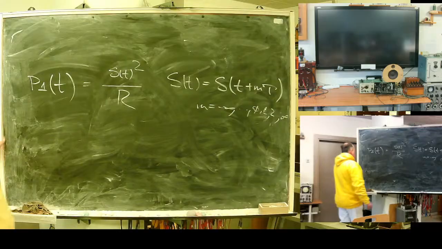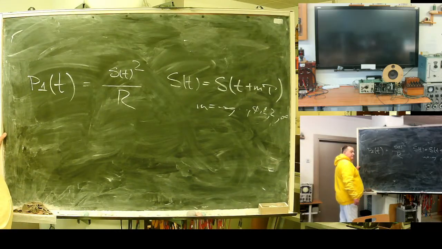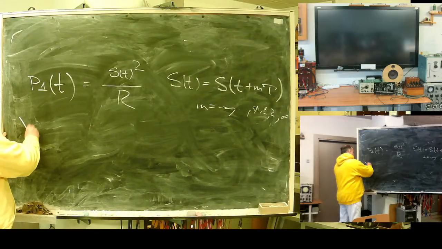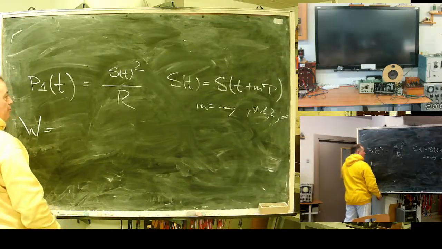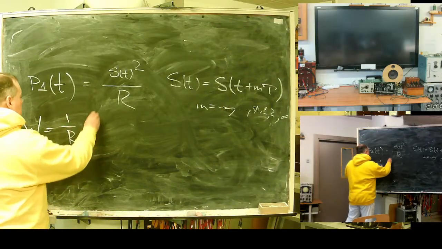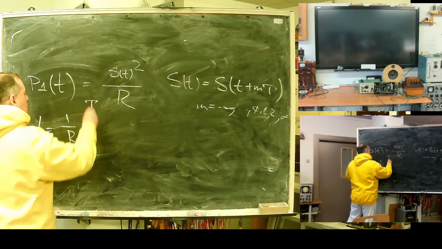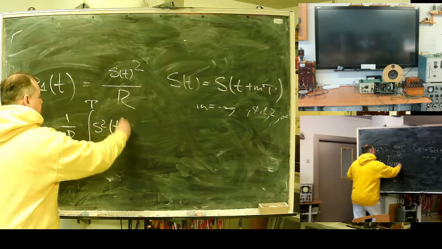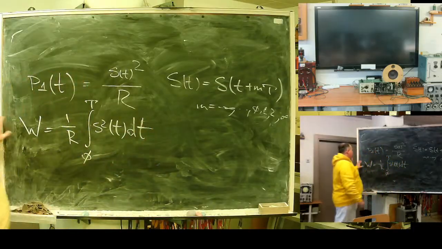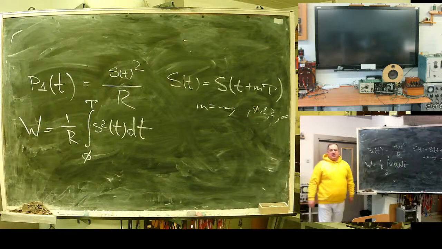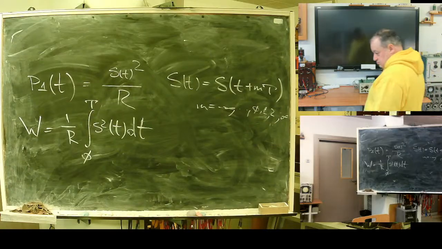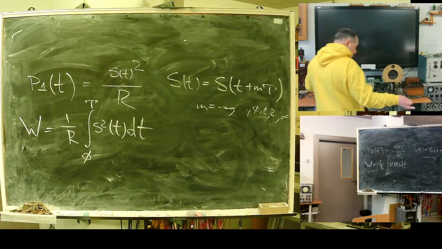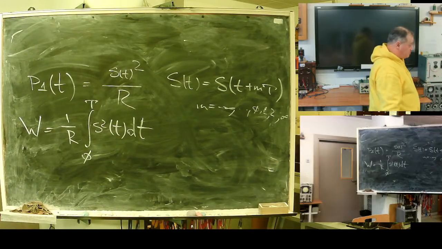This means total energy W will be sum of all instant powers: integral from 0 to period T of s squared. This W is amount of energy heating my resistor within one period.